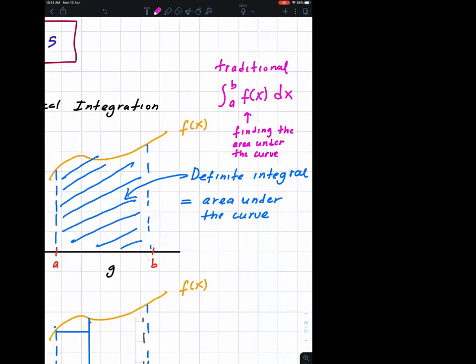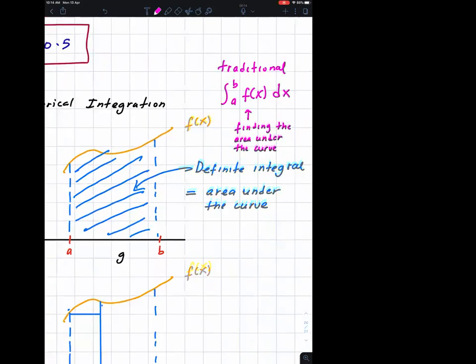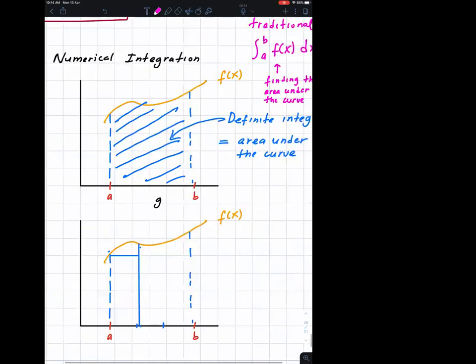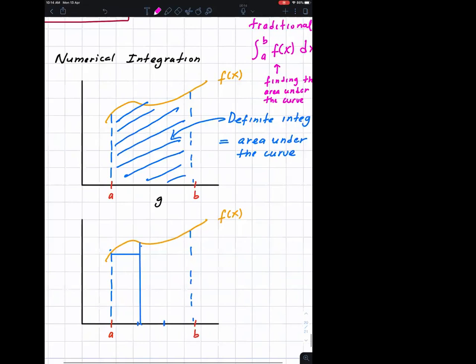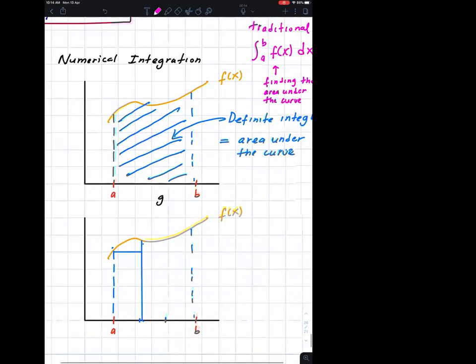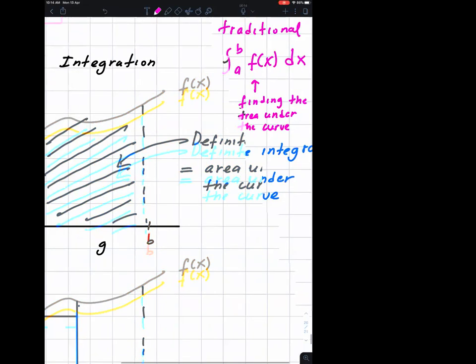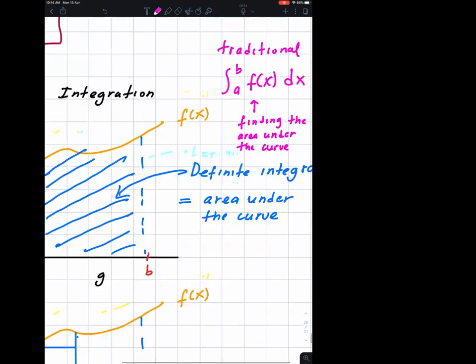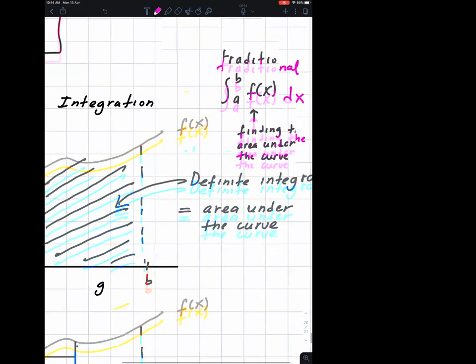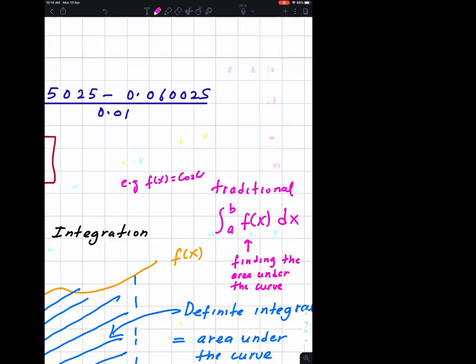Okay, so now just assume your f(x) is well defined. Let's say if you know your f(x), for example, if f(x) is cosine x or f(x) is x squared. All these, and a lot more functions, you can easily integrate, right?